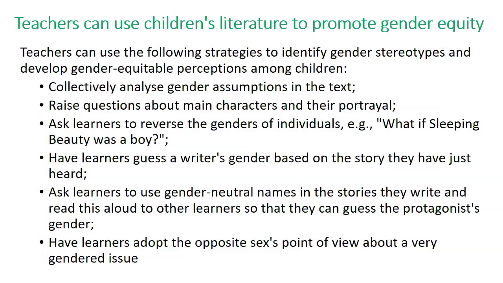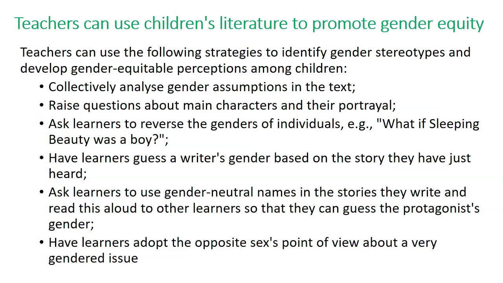Then you can have learners guess the gender of the writer based on the story. So for instance, does the writer promote boys and their stereotypes more, or girls and their stereotypes more? Then you can ask learners to use gender neutral names when they write their own stories. For instance, just using the name Sam. So they don't say it's Sam the boy or Sam the girl, it's just Sam.